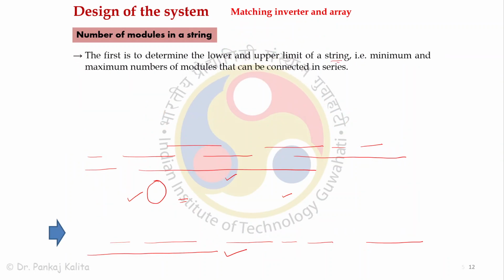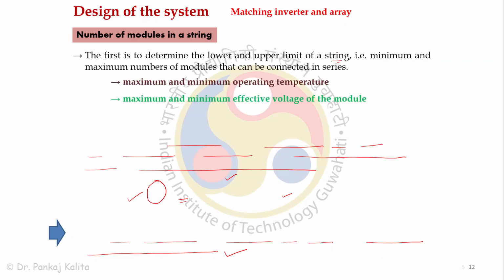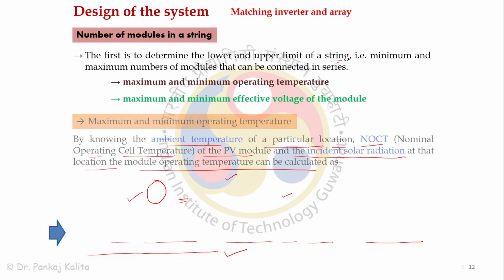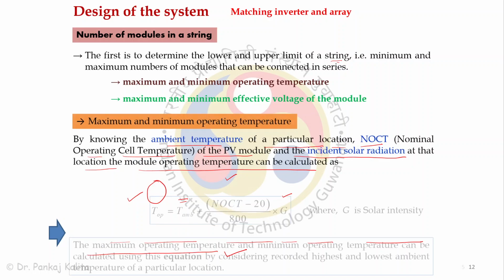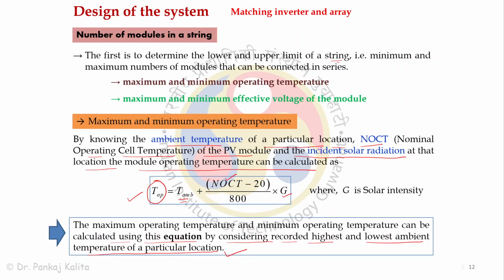So there are lots of terms, like the number of modules in the string, minimum and maximum operating effective voltage, and operating temperature. All these things have to be taken care of. If you know the ambient temperature of a particular location, the nominal operating cell temperature of the PV module can be calculated, and with the solar radiation at the location, the module operating temperature can be calculated using this.